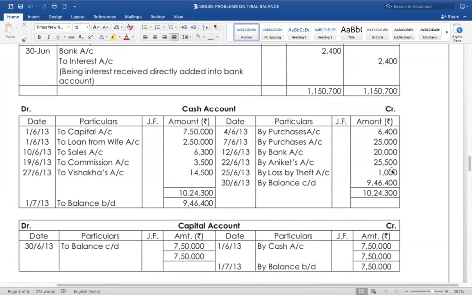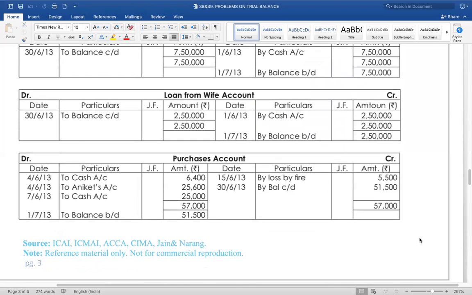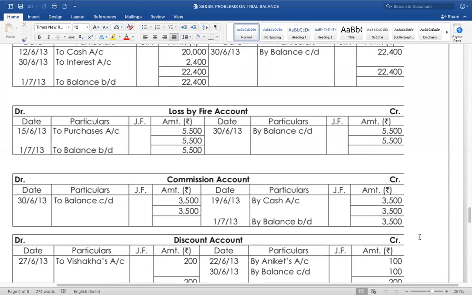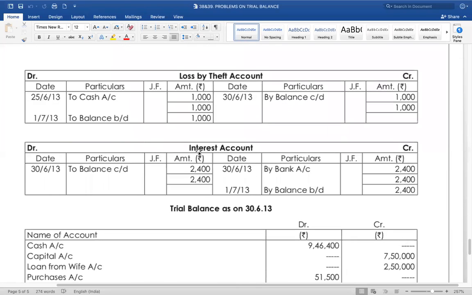And lastly, interest account, 2,400. Bank account is debited to interest account.